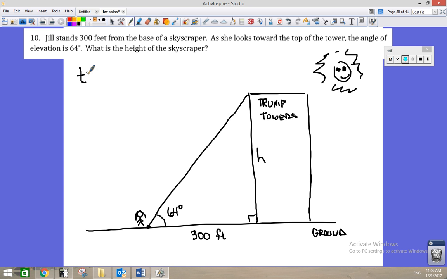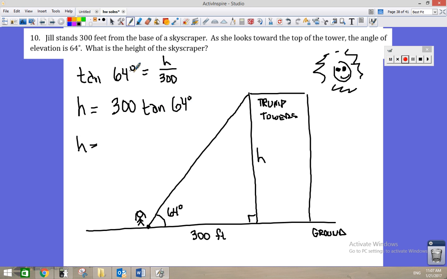So the tangent of 64 degrees is equal to the opposite leg, which is the height of the skyscraper, divided by 300. So to find the height of the skyscraper, we can round it to the nearest tenth or something like that if you want.